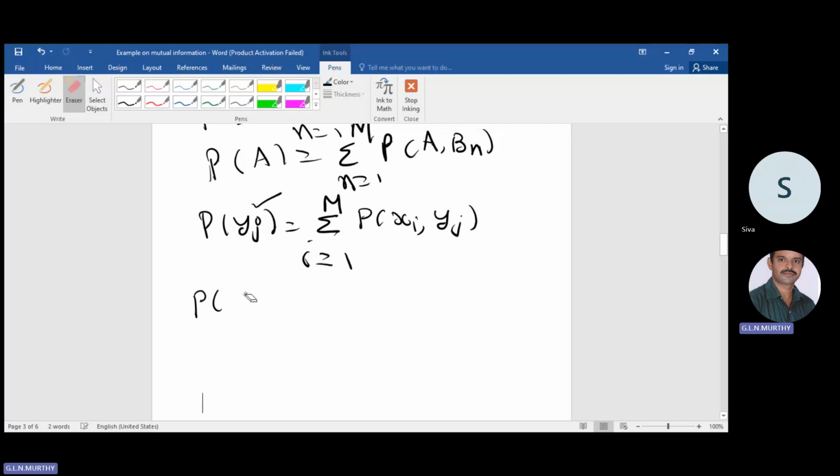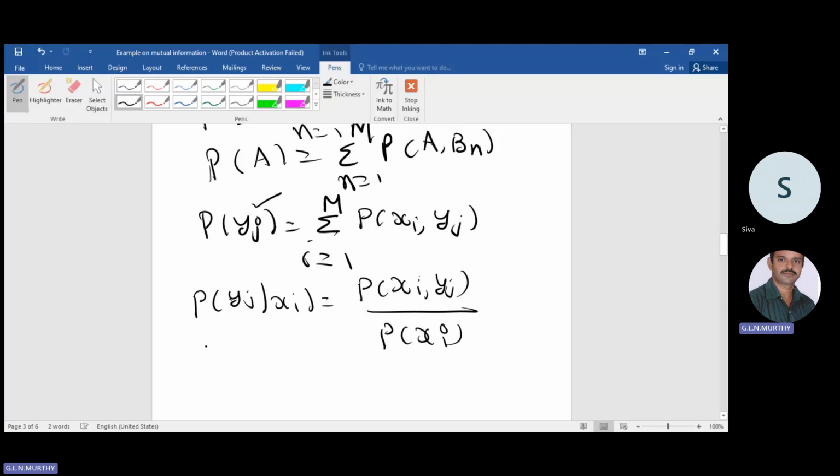Okay, so the given data corresponds to P of yj upon xi, that is your channel matrix. So P of yj upon xi equals, by the definition of conditional probability, P of xi yj by P of xi.